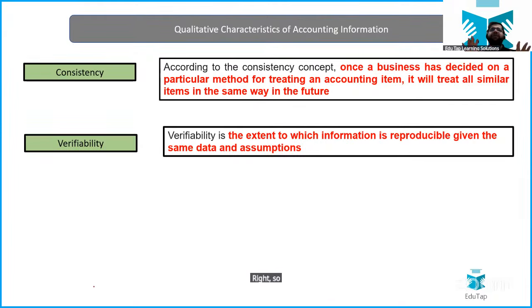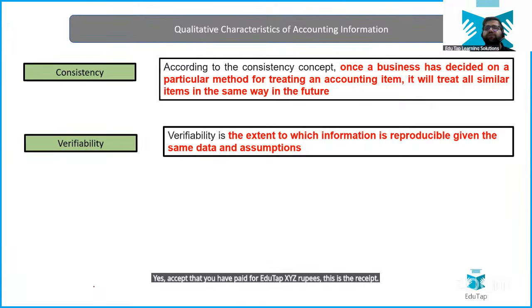Right? So verifiability means that you prove how you have stated that particular number. For example, how will you prove that you are a student of EduTap? Yes, a receipt, that you have paid EduTap XYZ rupees. This is the receipt, so I am a student of EduTap. Simple.